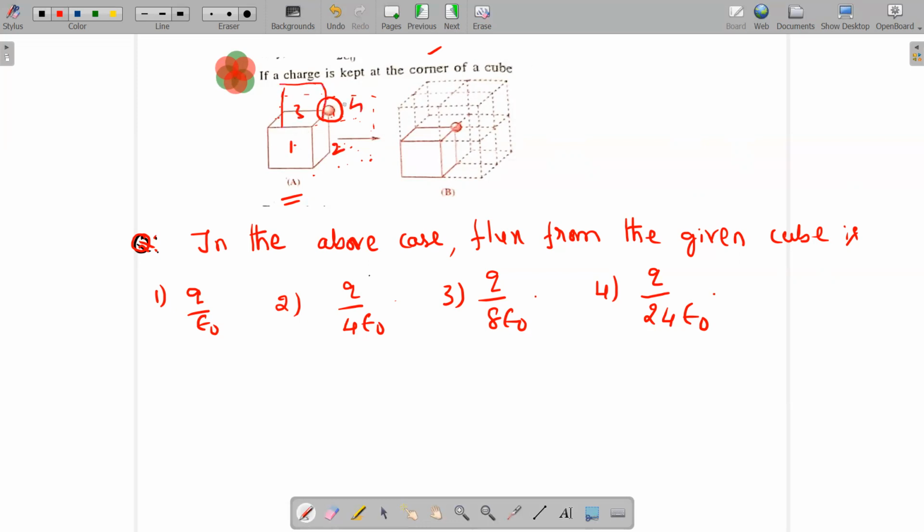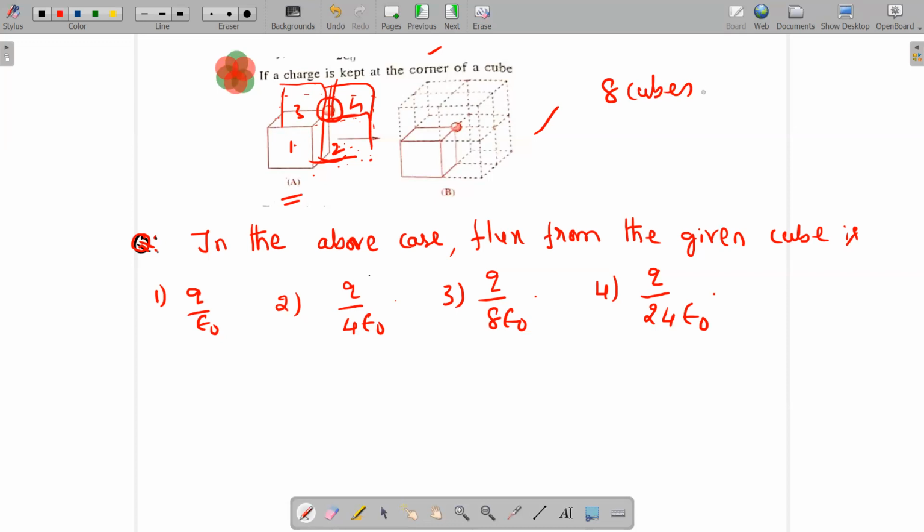So you have to construct these many cubes on the back side also. So four more cubes, that is shown here, right? So in total, to enclose this charge, the total number of cubes you have to construct is 8 cubes. 8 cubes will enclose this charge. Is that clear, guys?